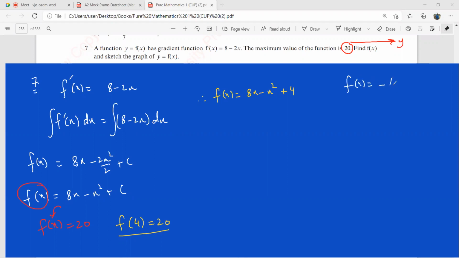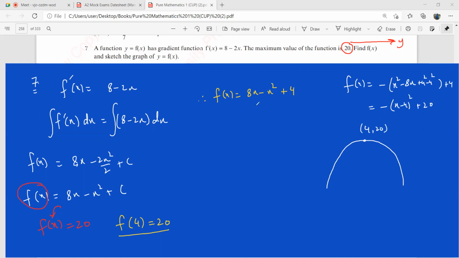I'll take minus common from the terms in x squared minus 8x, and you have plus 4. So this is plus 4 squared minus 4 squared. So you have minus (x minus 4) whole squared. 16 plus 4 is going to be 20. So it is going to be a curve like this, and this point is going to be (4, 20).